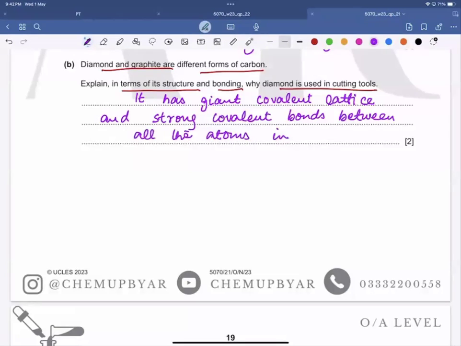That makes it very strong, and as a result, it is used as a tool for cutting. Is this clear to all of you?